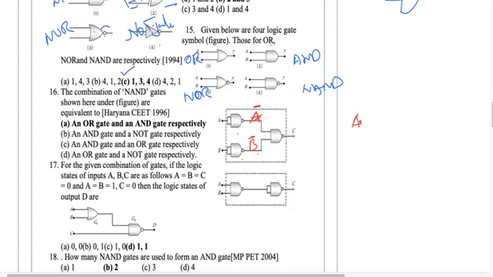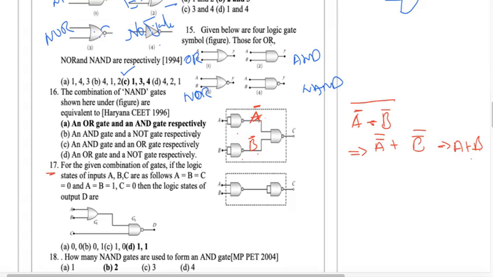Then as this is a NAND, you can write A bar dot B bar, and it has a bubble here, so overall you expand it: A bar bar plus B bar bar, which is equal to A plus B. So it is an OR gate, either an OR gate or an AND gate respectively.